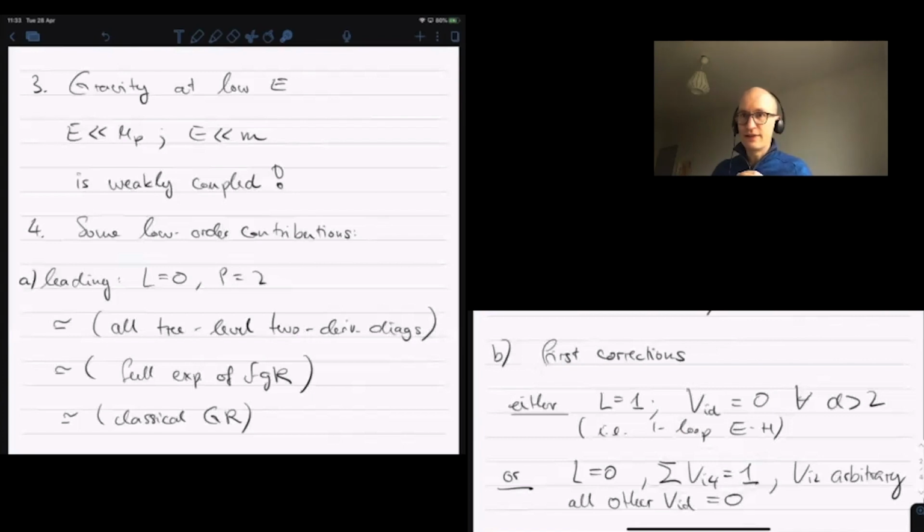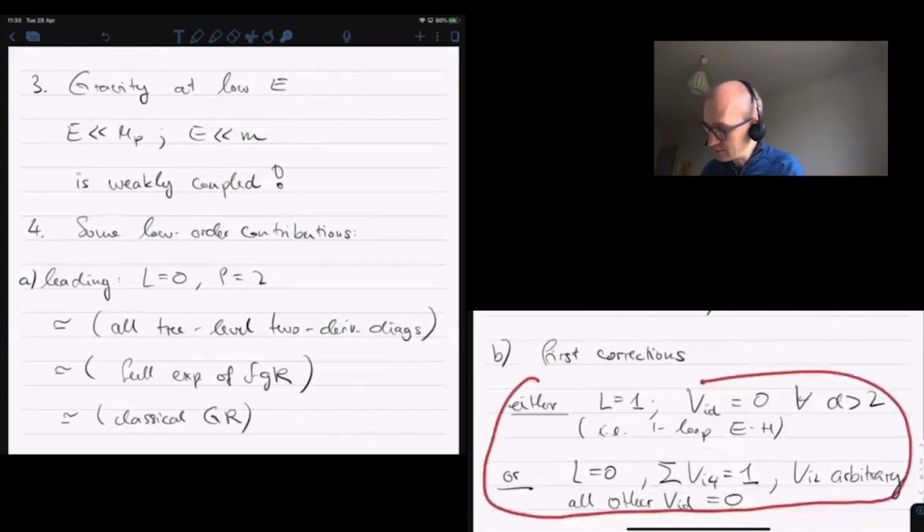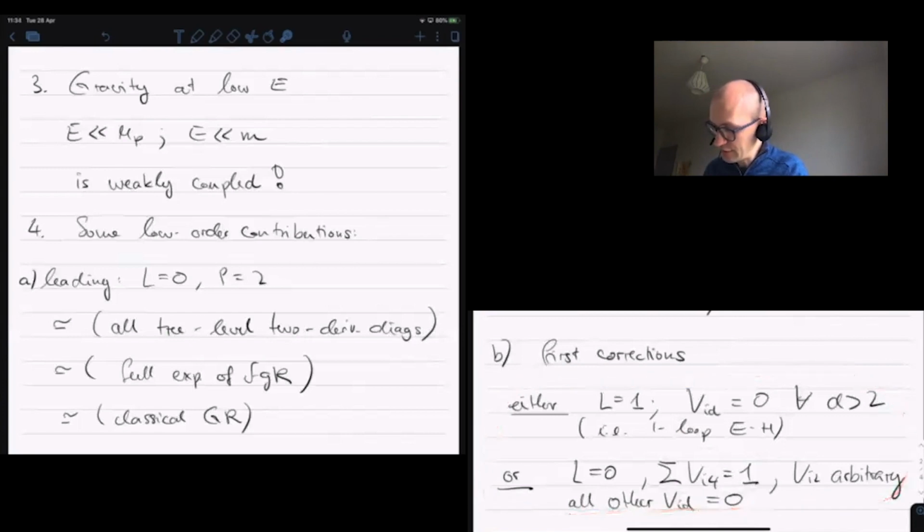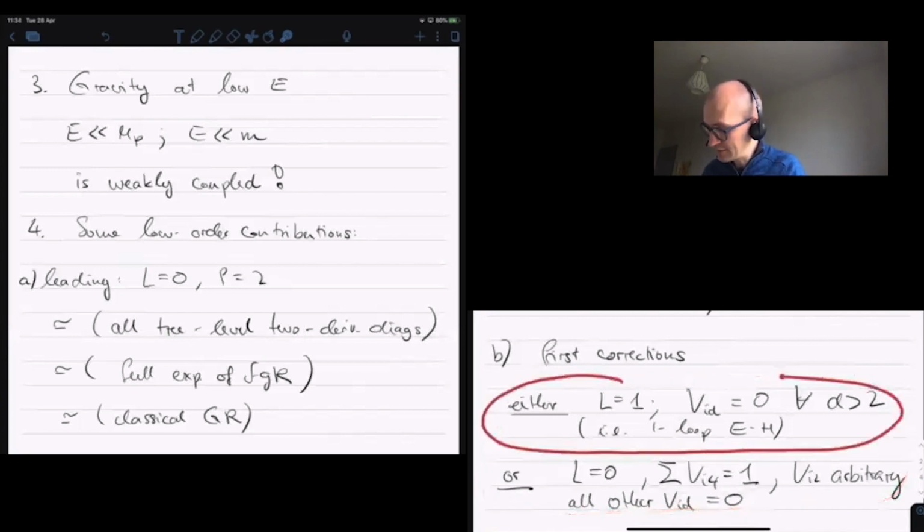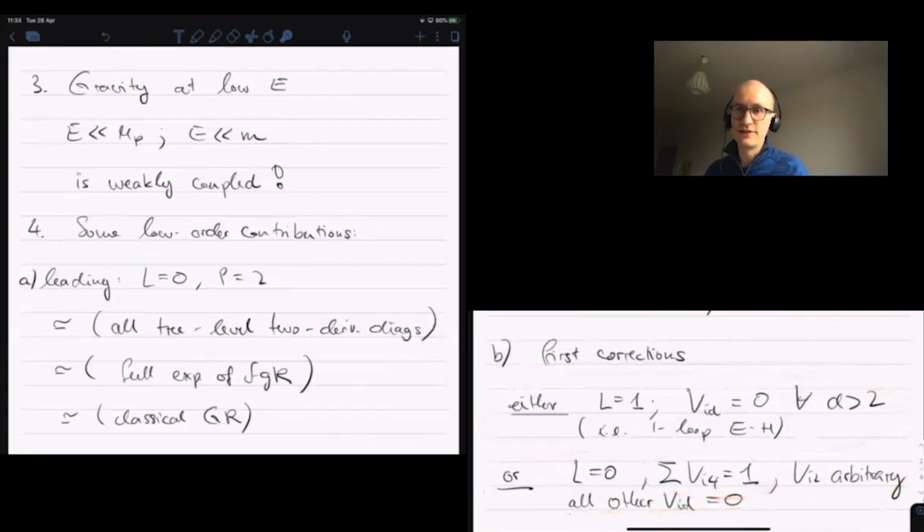It would seem like we're in trouble, because the only thing that is really fixed for us is this. We don't know what the coefficient is of this higher curvature term. This is an arbitrary thing, which we said would come from matching to UV, which we don't know. So in some sense, it seems that we're unable to calculate the first quantum correction to classical GR, okay?